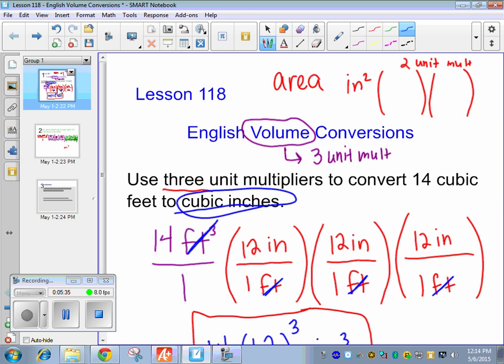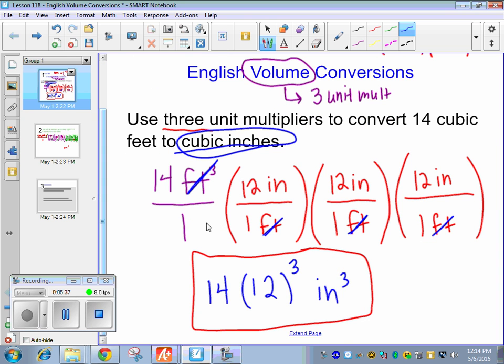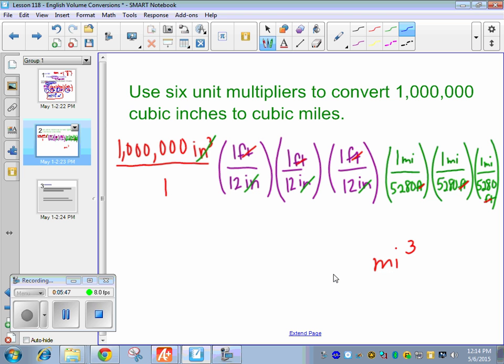Now in the last one, if you guys noticed, what did I have in the denominator every single time? We had all ones in the last one, so this was really over 1, and we just didn't have to write that. Now this one, we've got some different stuff in the top and the bottom. So think about in fractions, we multiply top to top, right? So in the numerator, I have 1 million times 1 times 1 times 1 times 1 times 1 times 1. So what is that?